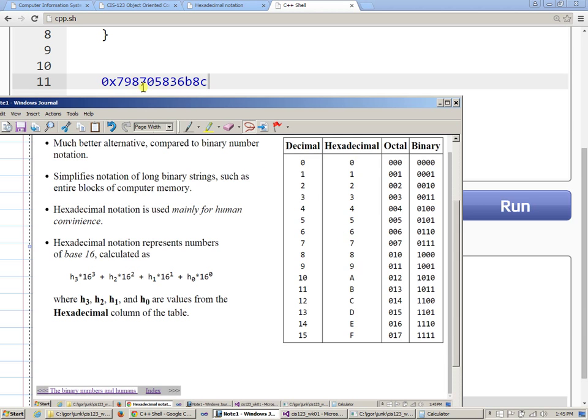And so therefore, I can take this hexadecimal number and this set of binary numbers and very quickly convert that crazy number to a binary number.